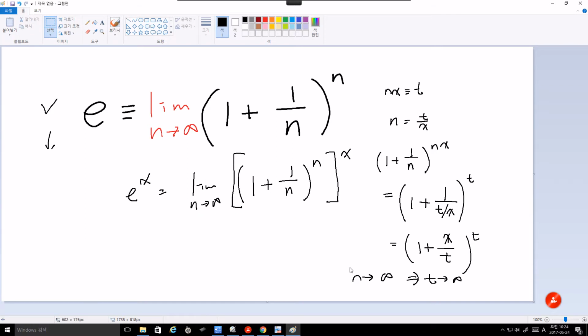Therefore, what we can write is that, that's the blue one, this is lim n to the infinity of (1 plus x over n) to the power of n, right? We have this way. So we derived e to the power of x exponential function from the definition of e, mathematical constant.